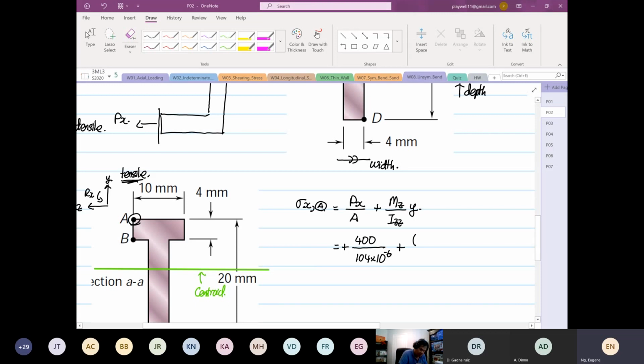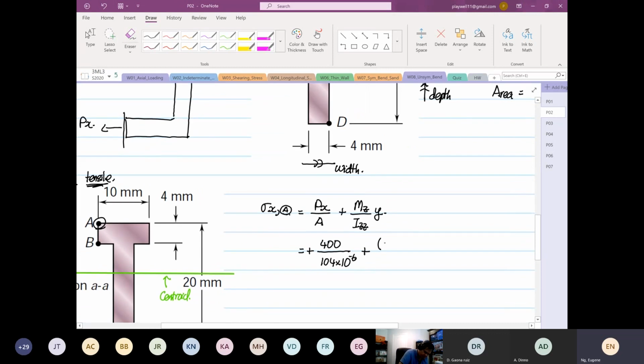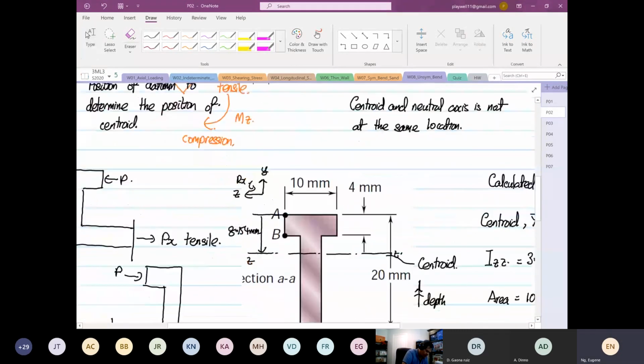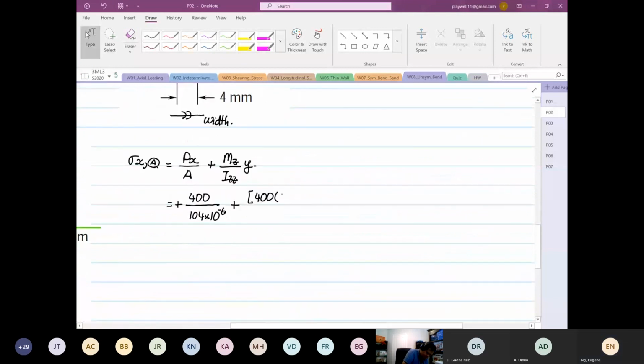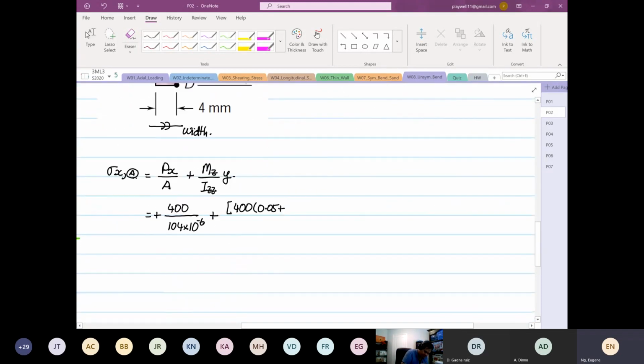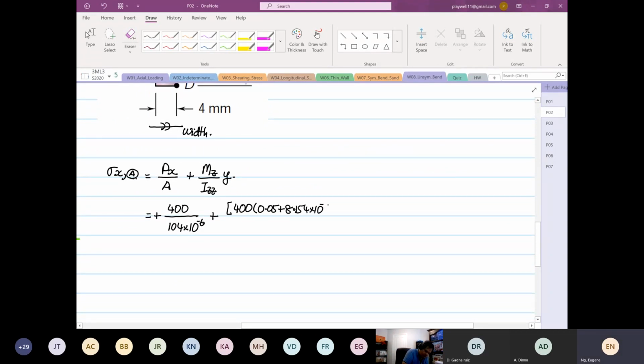Now for Mz you have to be careful. Mz is equal to the force of 400 multiplied by the distance, 50 millimeters, 0.05, plus the centroid, which is 8.154 times 10 to the power minus 3. Then multiply by y.